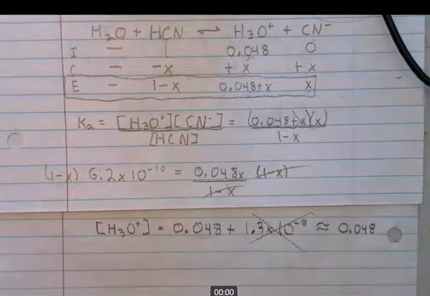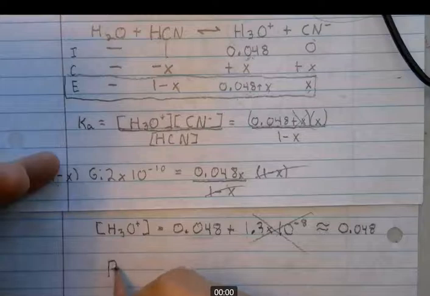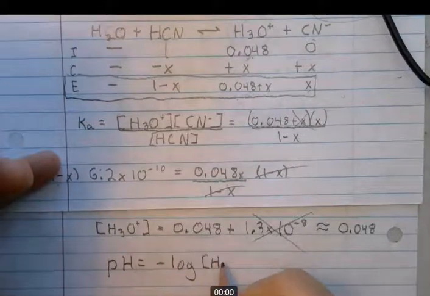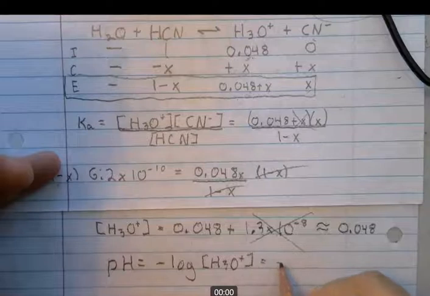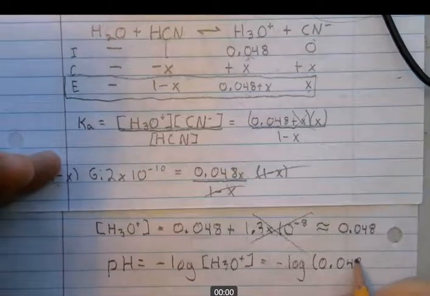That might not always be the case, but it generally will be in these problems where you have one weak acid that's much stronger than another one. So we're going to just do our formula. We want to know pH equals negative log of the H3O concentration. This is right off your roadmap, which equals negative log of 0.048.